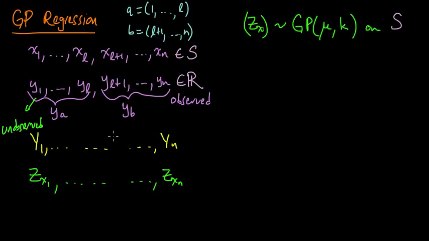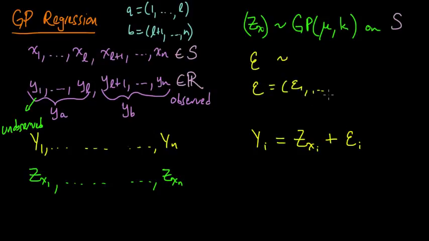And now, we still haven't defined the y's. What are the y's? Well, yi is going to be Z of xi plus some Gaussian noise, epsilon. So epsilon is going to be a vector, epsilon 1 up to epsilon n.